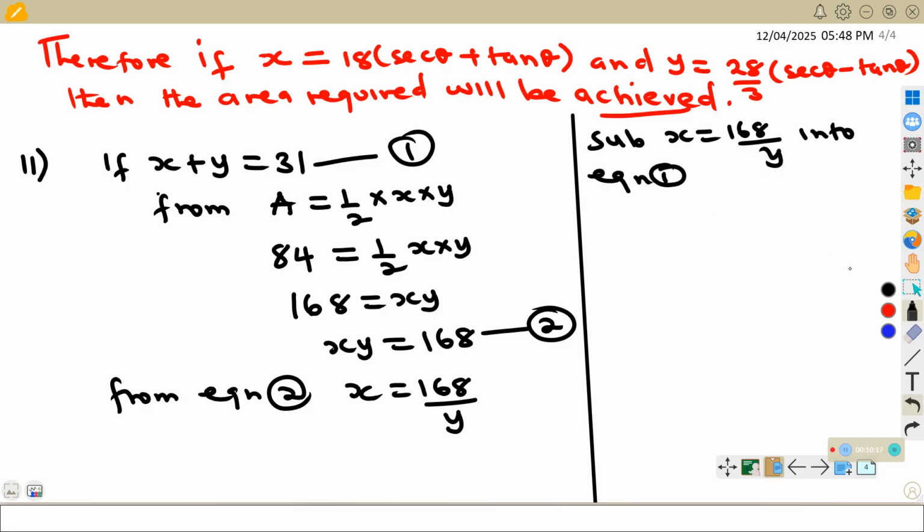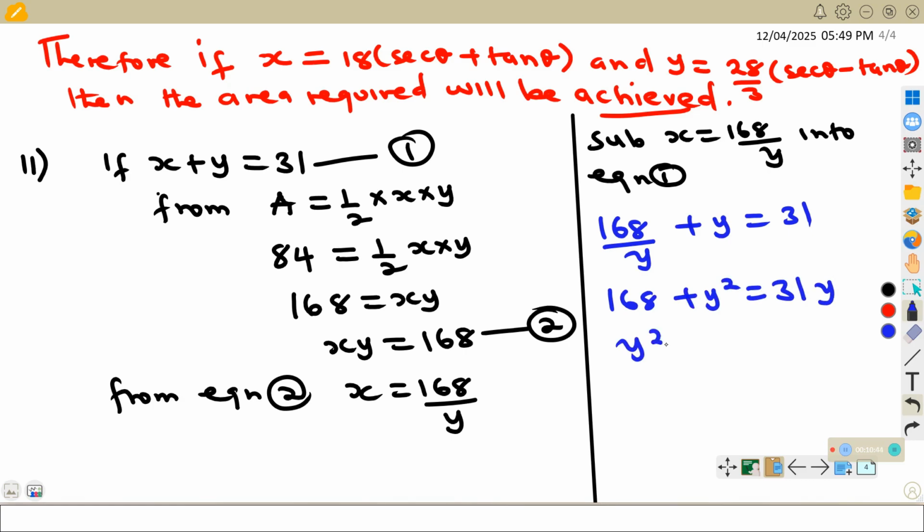Where there is x, I will put 168 over y, so 168 over y plus y is equal to 31. Multiply through by y: 168 plus y squared will give us 31y. So y squared minus 31y plus 168 will give us 0.